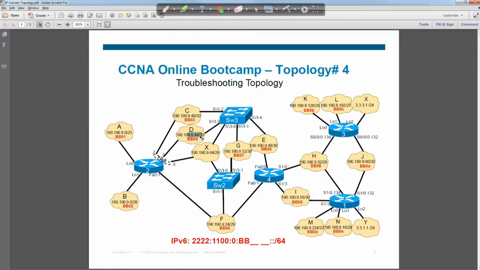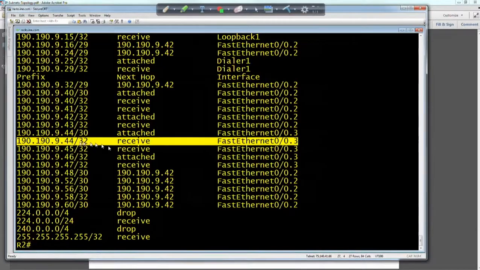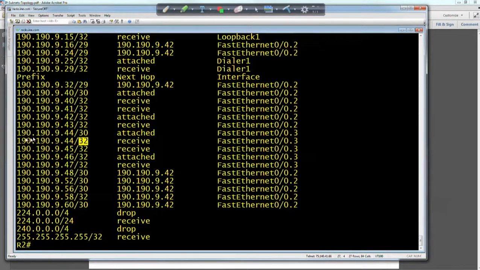That's saying if I ever get a packet, and I would never expect to see this, but if some way I get a packet and all 32 bits of the destination address are actually destined for the network, send it to my CPU for processing. I wouldn't expect to see that. You would never see a packet destined for the actual network address itself, but we have an entry for it.